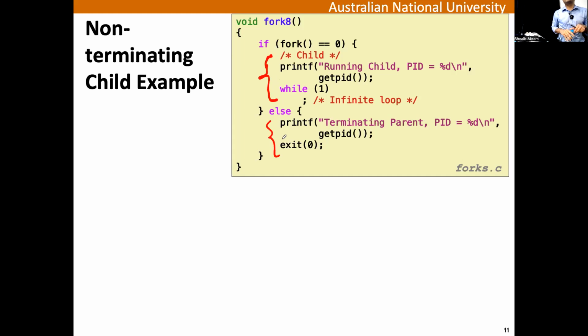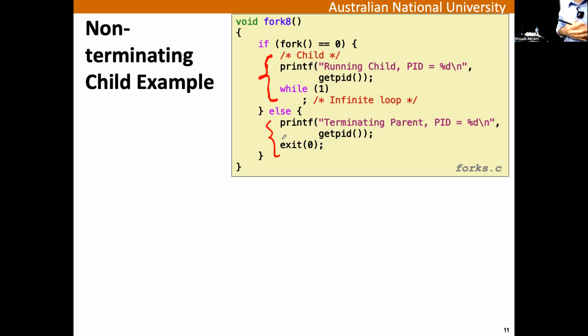There is no zombie because the child has not terminated, right? The child is running forever, but the parent has terminated. So what will the init process do here? Intuitively, will it reap the child? Not really, because the child has not terminated.